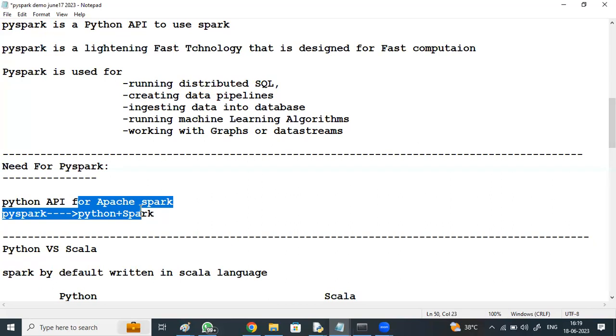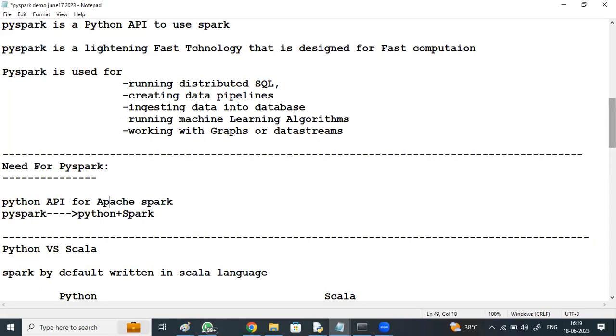Combining both Python and Spark would be the most efficient way in the world of big data. All these are Apache products, so the Apache Spark community came up with a tool called PySpark, the Python API for Apache Spark.